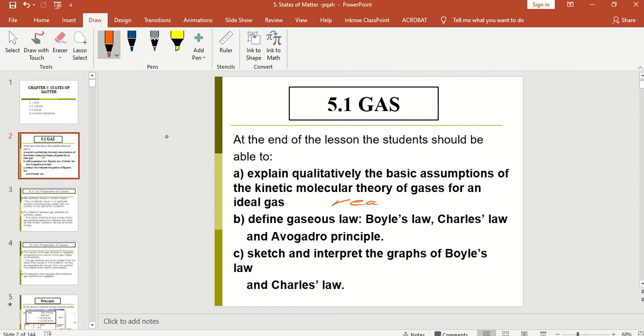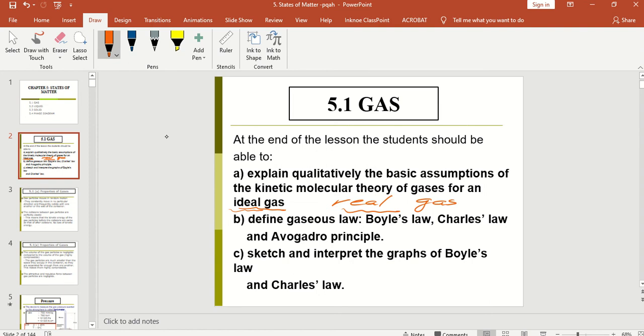The gases that we have in our real life actually behave like a real gas, but scientists form an ideal gas, where we make a few assumptions upon that gas, and we call it ideal gas. So ideal gas actually doesn't exist. It's just the assumption that we make on that gas.